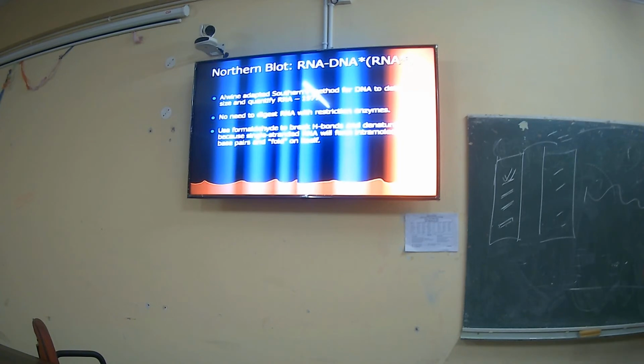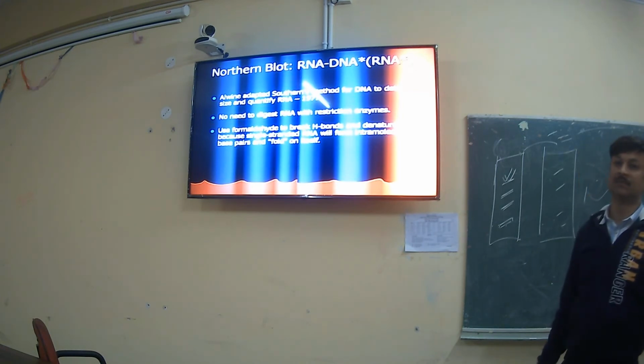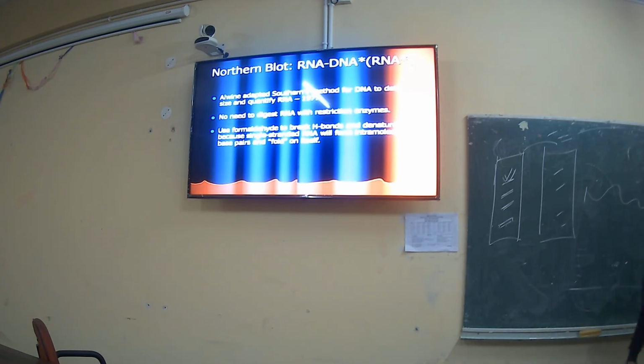A whole RNA can be used in Northern blot. If you want to cut down the RNA, is there any enzyme which can cleave the RNA fragment? Dipti? RNase is the only thing which can degrade the RNA fragment. Okay, so with the help of RNase, you can cut down the RNA. So there is no need to digest with the restriction enzyme.